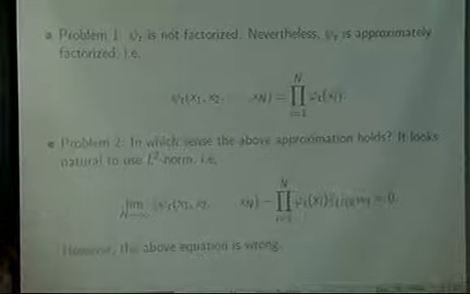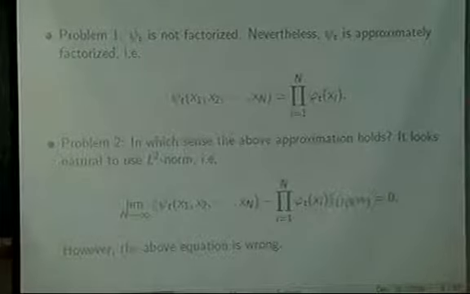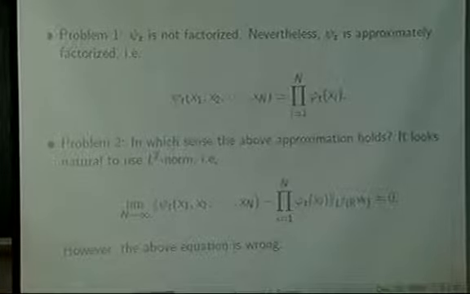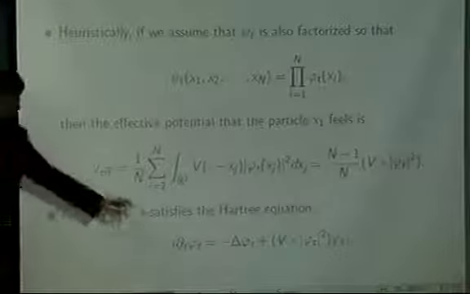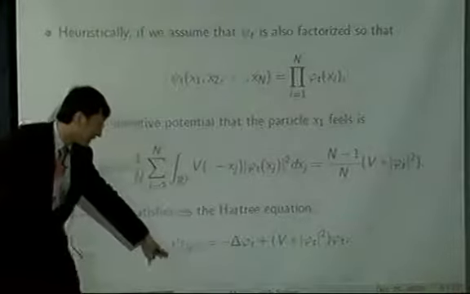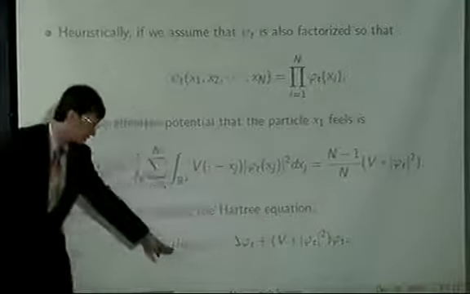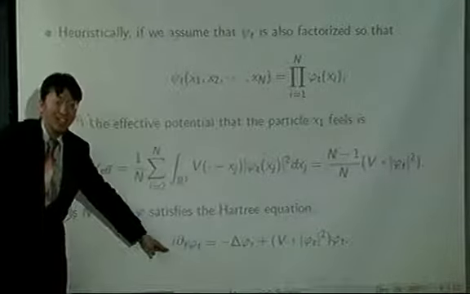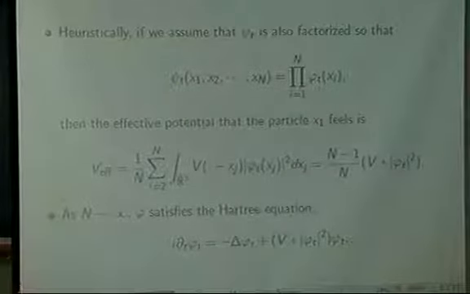The primary goal for this problem is to find the wave functions. Phi of t is given by this Hartree equation. This must be right if you assume that psi t is the product of functions of one variable.